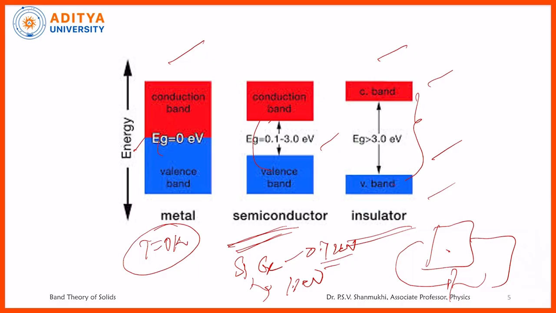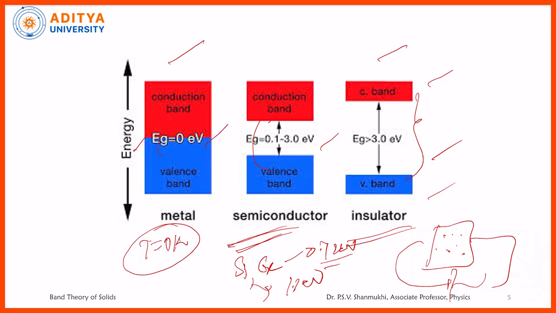As a result, even at room temperature, there exist some free electrons and holes in the semiconductor. When this is connected to a battery, it will conduct electricity. That's why these materials are said to be semiconductors. So, based on the energy gap, solids are classified into 3 categories: conductors, semiconductors and insulators.